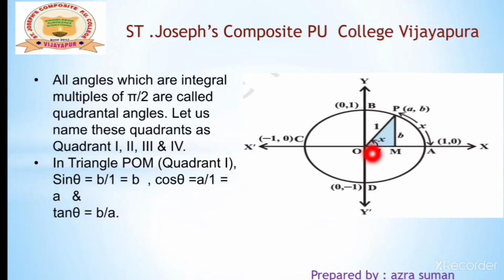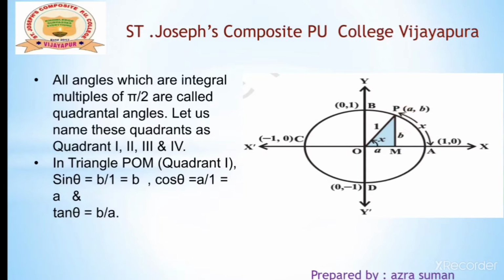You may take sine x also, here theta is taken. So sine theta is equal to B. And cos theta is adjacent by hypotenuse. In this right angled triangle, the adjacent is A and hypotenuse is 1, so cos theta equals A by 1, which is A.